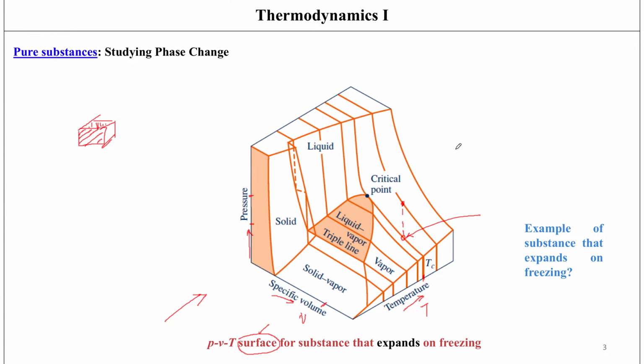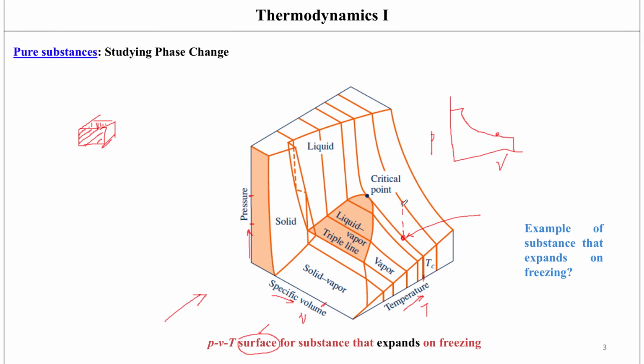So if I was to show you this face, the front face, let's say this is the specific volume, this is the pressure. When you were looking at this point, it was, let's say, somewhere here. And this surface, if I was to indicate it, is being shown to you something like this, okay?